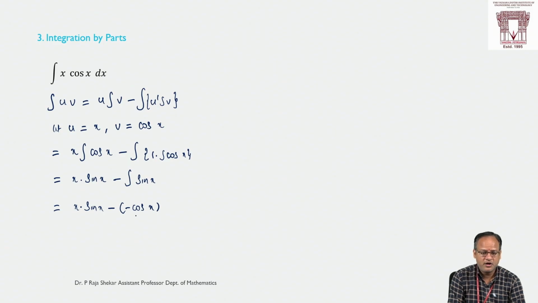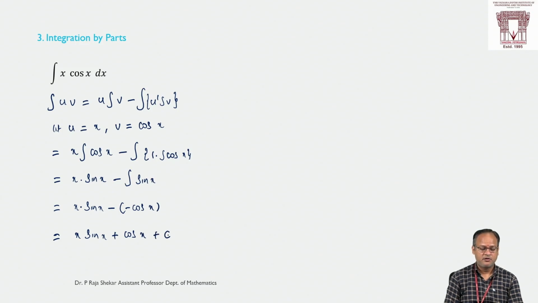Differentiation of sin x is only cos x, but integration of sin x is minus cos x. Similar to it, differentiation of cos x has minus sin x, whereas integration of cos x has plus sin x. So it is x into sin x, minus into minus, plus cos x, plus some arbitrary constant.